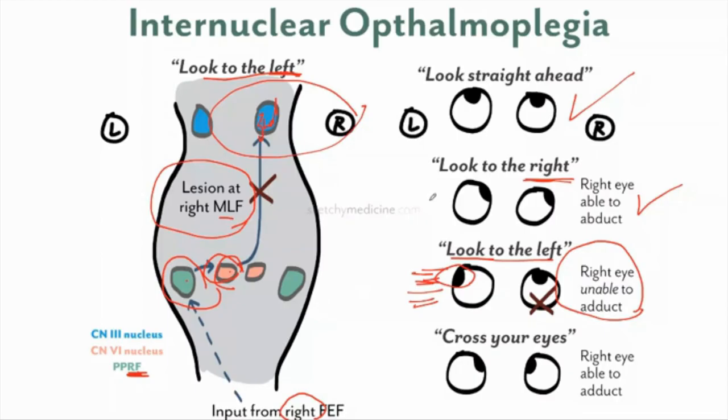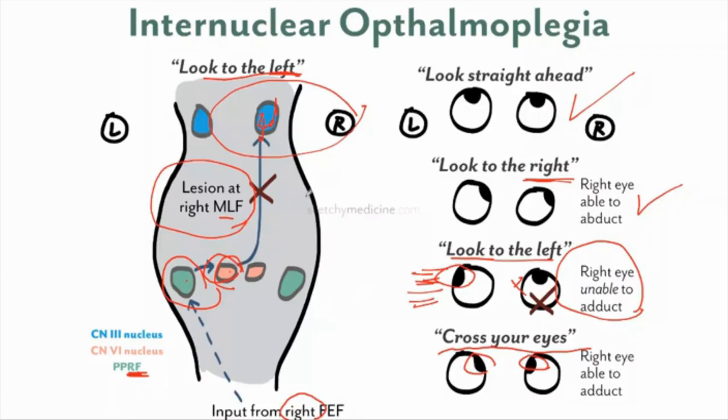And in order to differentiate that there is no lesion in the medial rectus, if we ask the patient to cross his eyes, he will be able to cross his eyes normally. That means that the medial rectus and the third nerve itself are functioning well. The lesion is in the higher center, because if we use a center other than the medial longitudinal fasciculus, the eye is able to adduct.